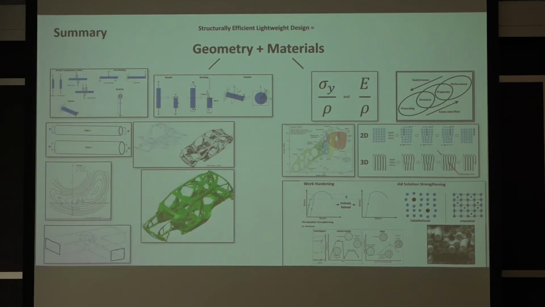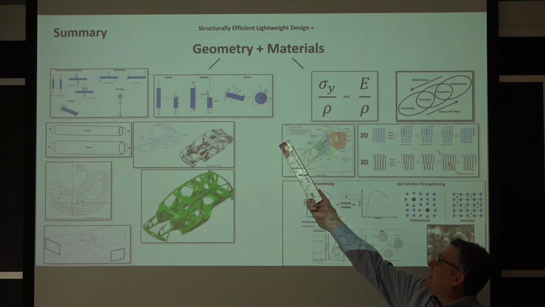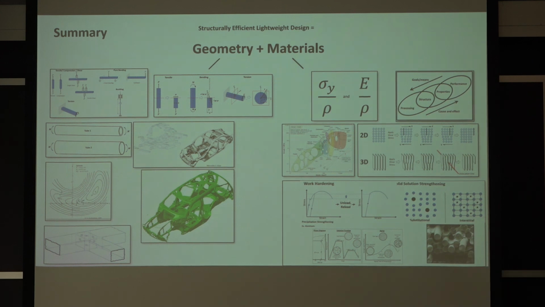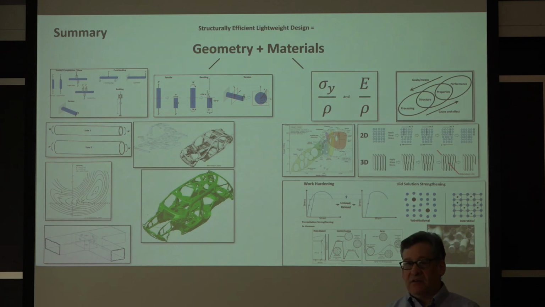Then we went to the geometry side. We talked about there's only a couple of modes of loading. Right? There's bending, there's torsion, there's buckling, there's tensile, there's compression and shear. We talked about how stress is distributed under those different loading conditions and how we can take advantage in certain cases of load being non-uniform in a cross-section of a material to increase strength and decrease weight, assuming you've got packaging volume.